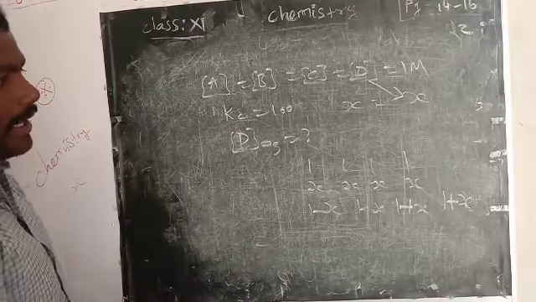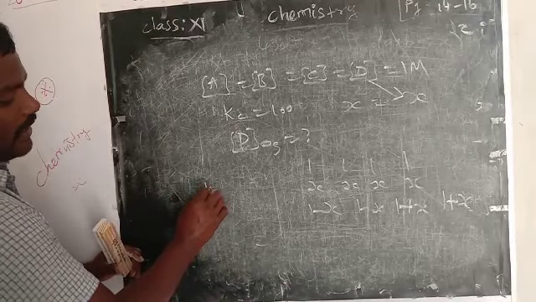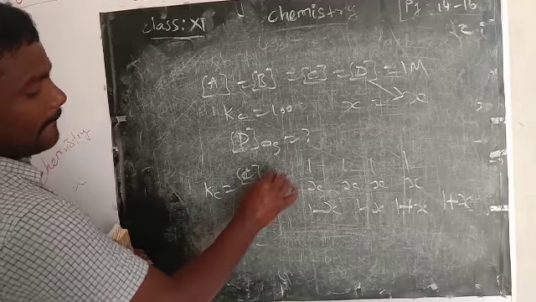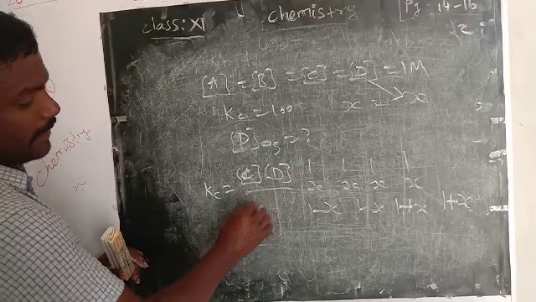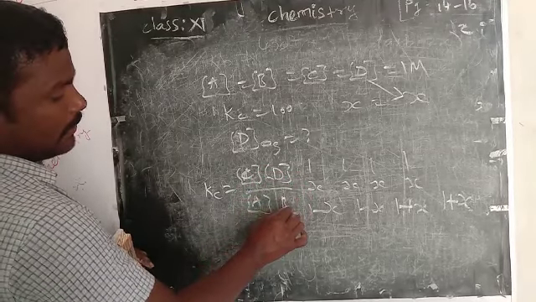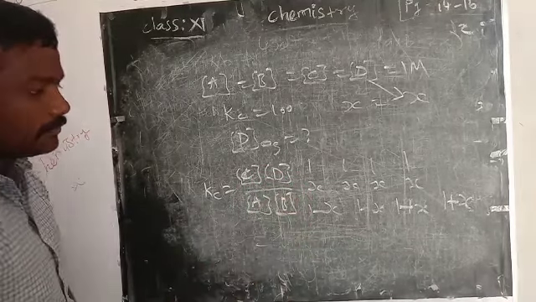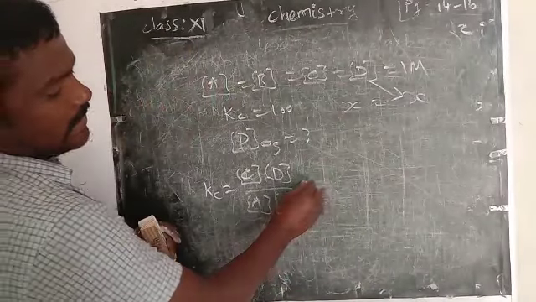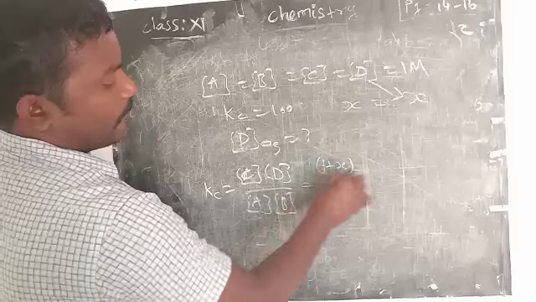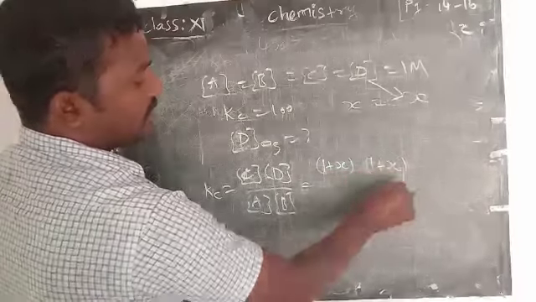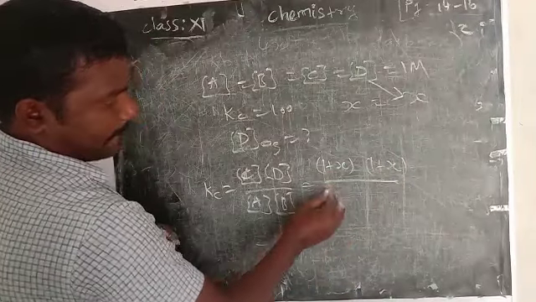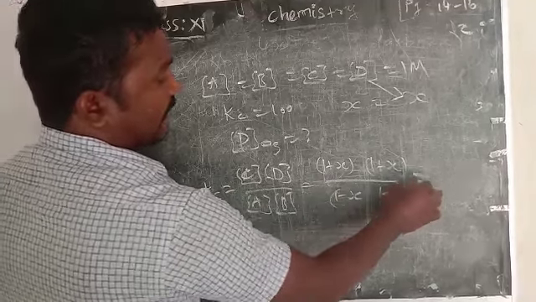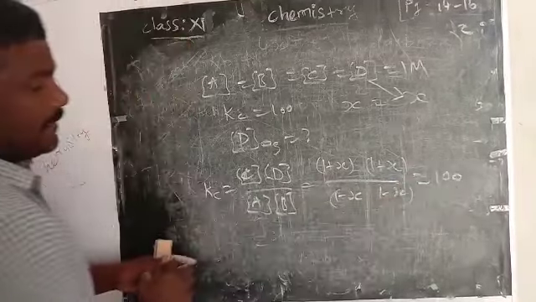Now you can apply it in the Kc term. For this equation, how do you write Kc? C D divided by A B. So C D is 1 plus X, 1 plus X, divided by 1 minus X, 1 minus X. This Kc value is also given, 100.